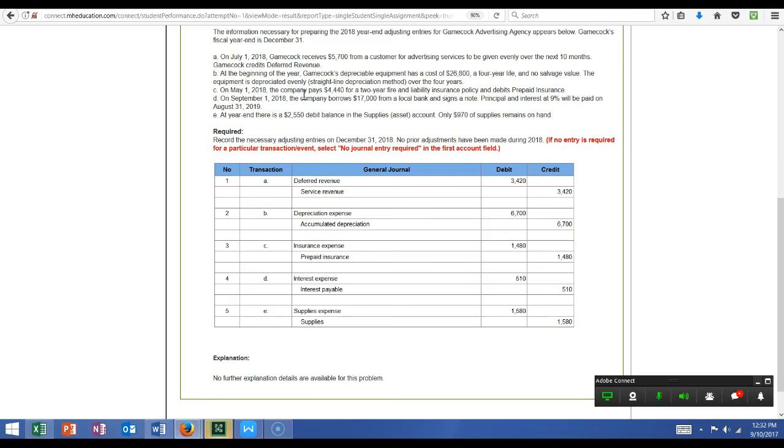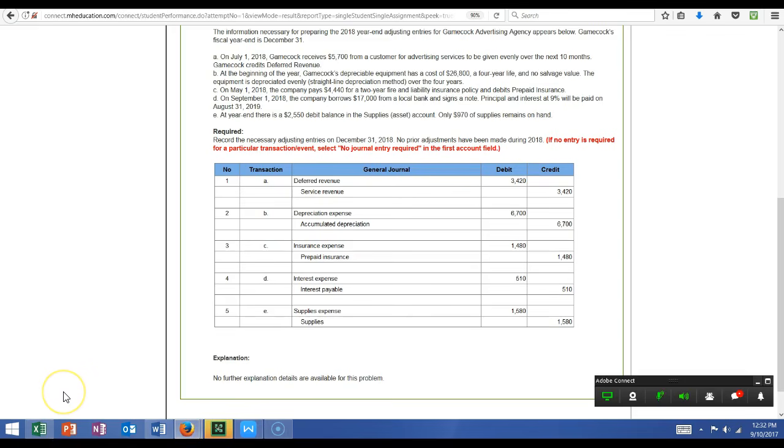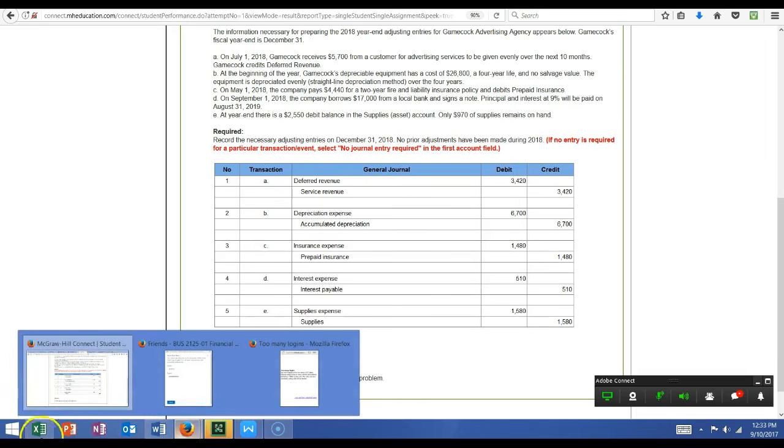This has become an insurance expense. So $4,440, it's 8 months, and the policy is a 2-year. It's a 24-month policy.